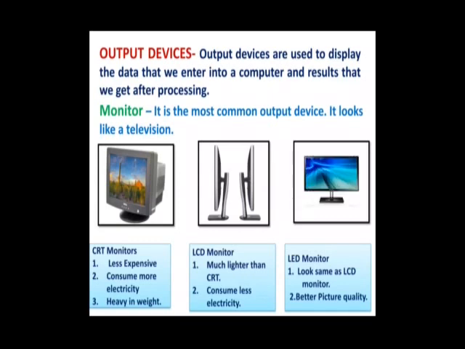Okay, so the next output device that we commonly use is speakers. Yes, we use speakers to listen to music and sound effects from the computer. If you want to listen to songs on your computer, and you have attached a speaker to your computer, then you can easily enjoy the music.